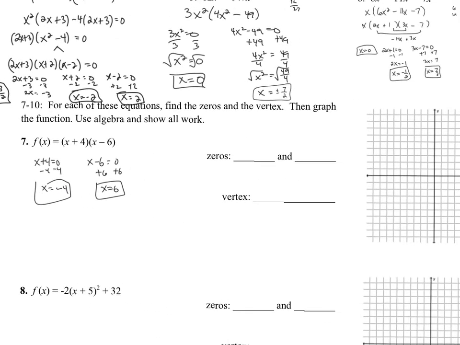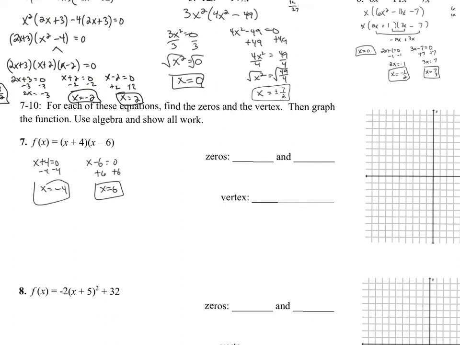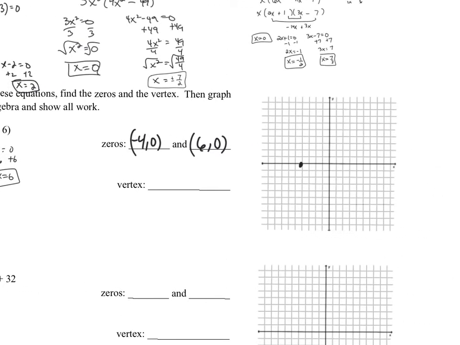All right, so I know that my zeros are going to be negative 4, 0, and 6, 0, which means it's going to cross the x-axis there and there. Okay, so that means that my vertex is going to be halfway between there, and the halfway mark is at 1.